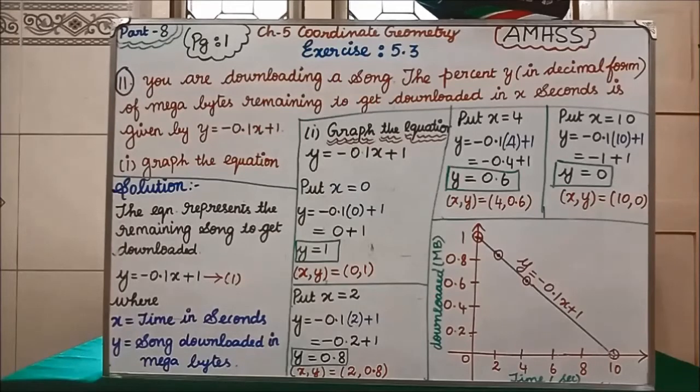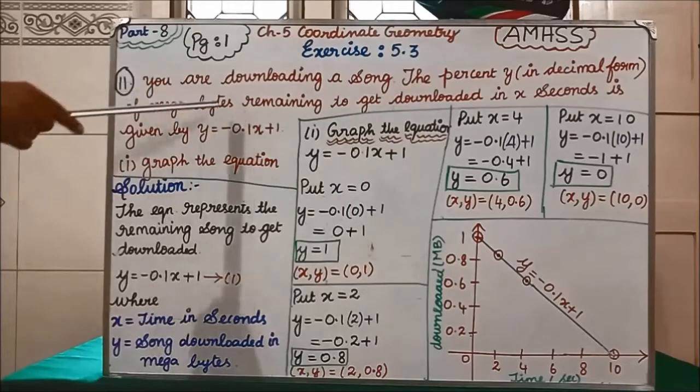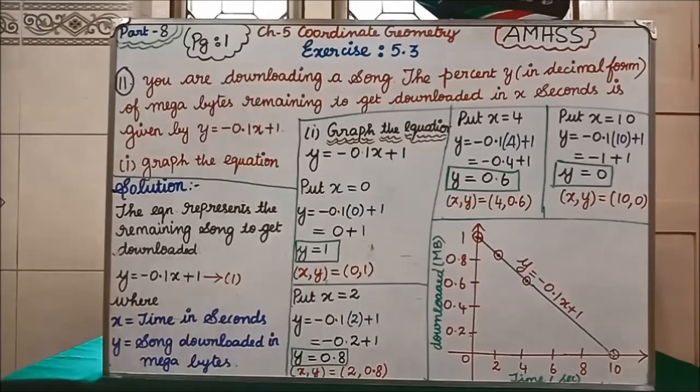So the present y that we have to take as decimal. How much of the song is downloaded, in megabytes we are going to take, remaining to get downloaded in x seconds. Some part of the song you have downloaded, still you have some part to download. So for that, how much time will it take?